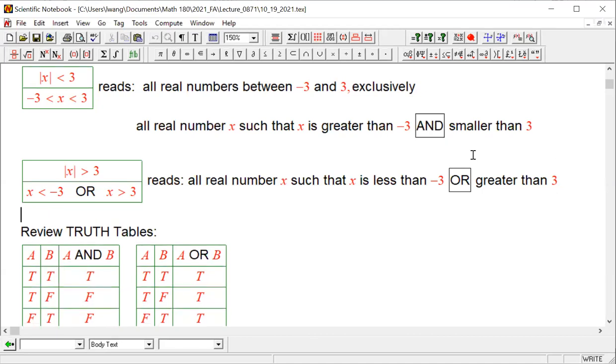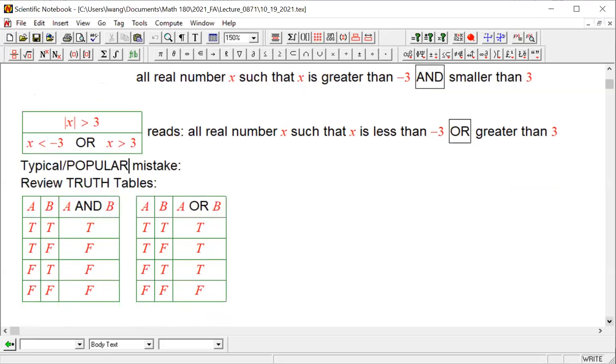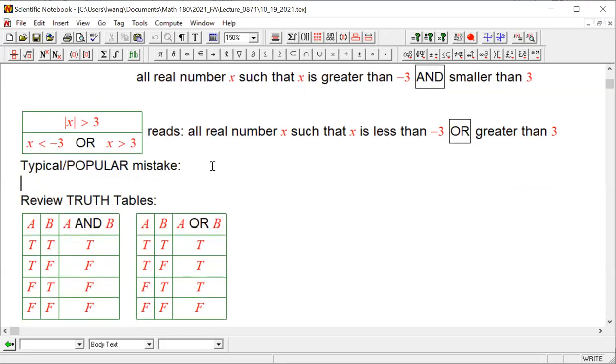For example, a typical mistake, okay, an extremely popular mistake. I use uppercase to emphasize how popular they are. I saw these mistakes all the time, okay? Some students would like to write it this way. They will say -3, right?